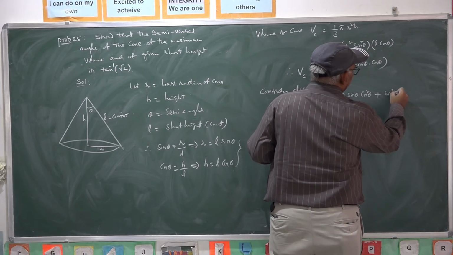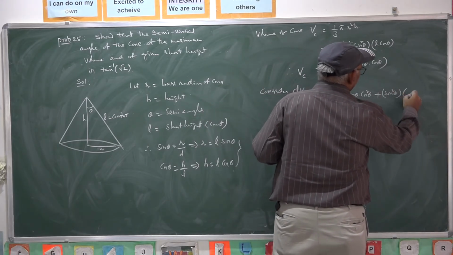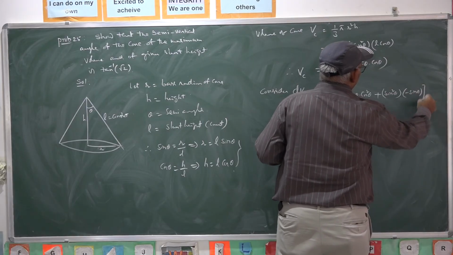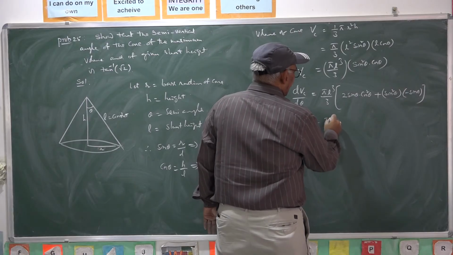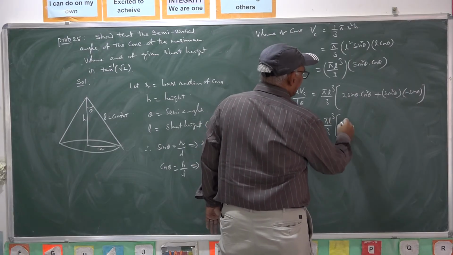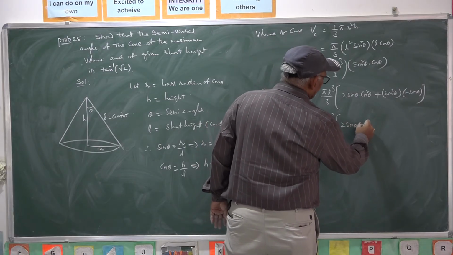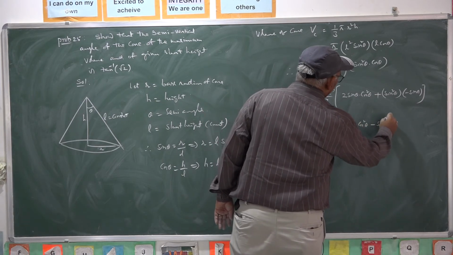Similarly, plus sin square theta into, for cos theta we get minus sin theta. That is equal to pi L cube by 3 into 2 sin theta cos square theta minus sin cube theta.